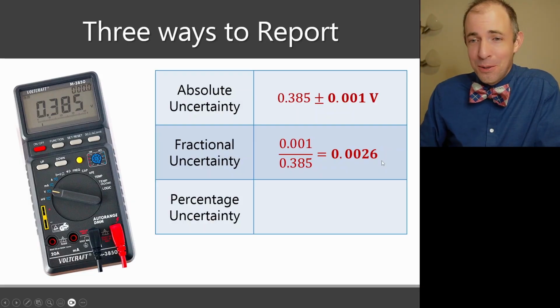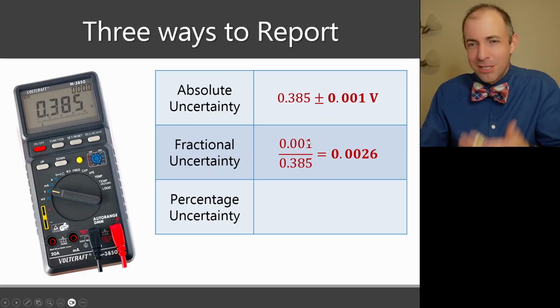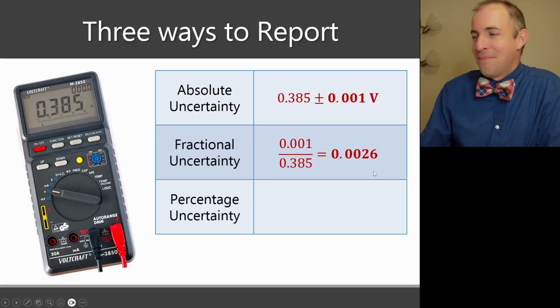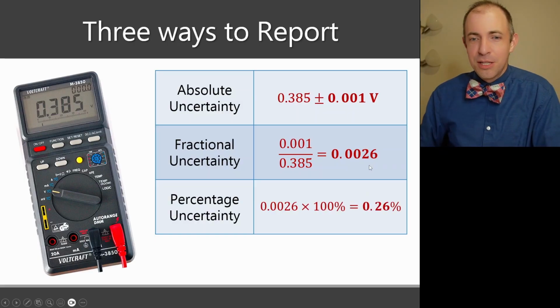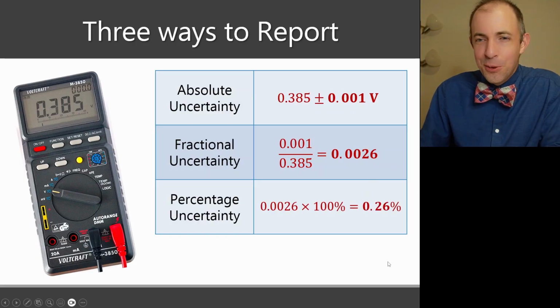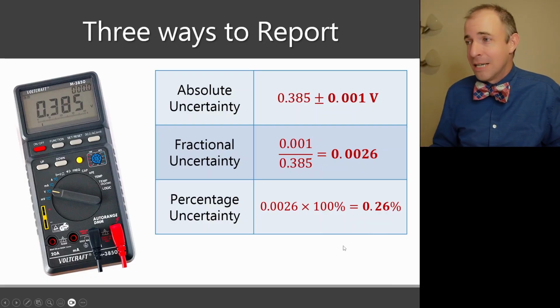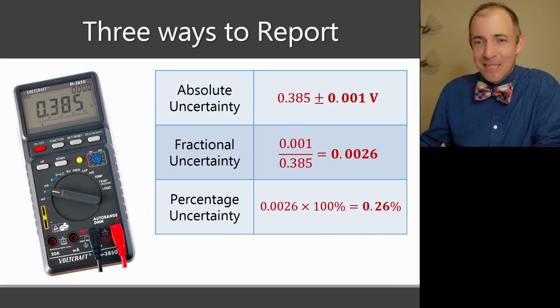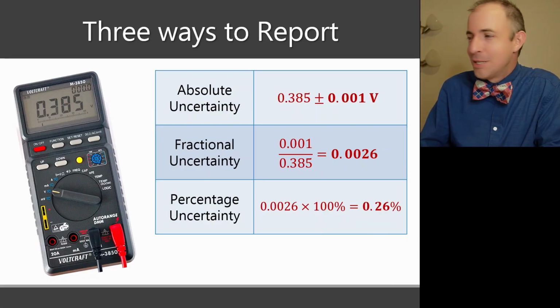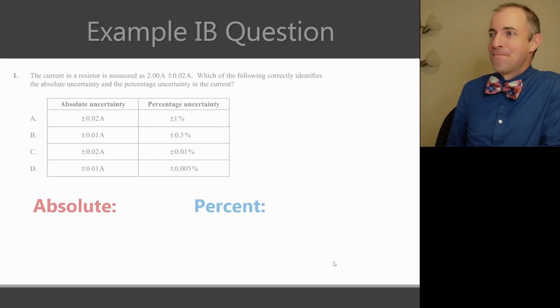Notice that this has no unit or symbol. We just divided volts by volts. It's a unitless number. Now we can turn that into percentage, multiply by 100, and get 0.26%. So we could report that as 0.385 plus or minus 0.26%.